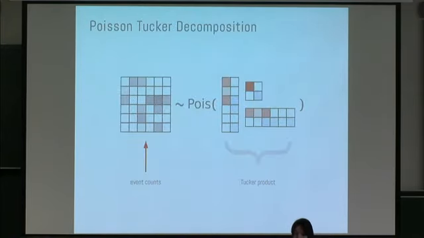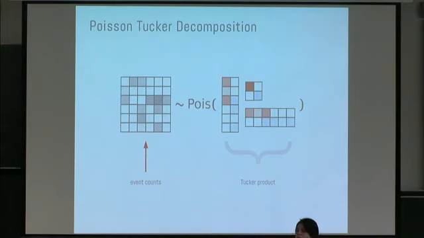So how do we decompose our event count matrix into a factor matrix and a core matrix? Well, again, we specify a probabilistic generative process involving all 3 matrices, and then we invert this process using variational inference or an MCMC inference algorithm to uncover that factor matrix and that core matrix.